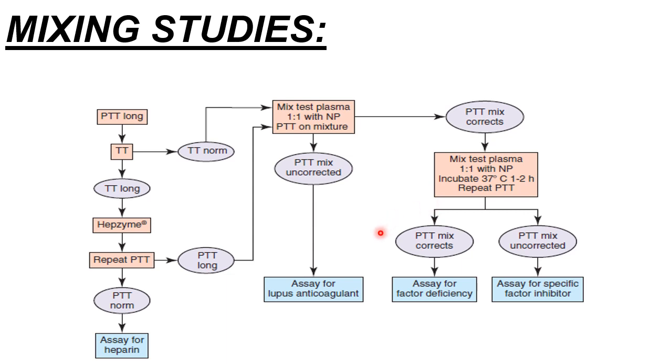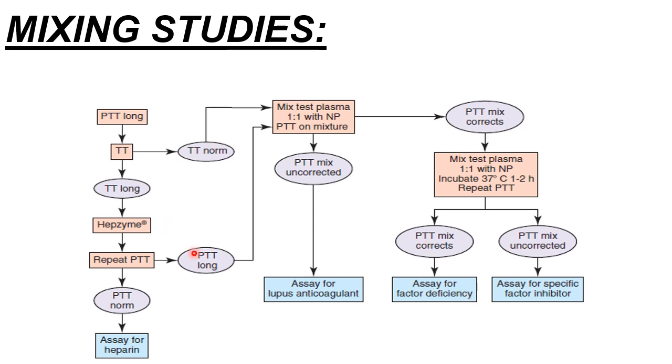Kapag corrected na or normal na yung PTT, baka clotting factor deficiency. Okay? Next, kapag uncorrected pa rin yung PTT mo, baka merong specific factor inhibitor or anticoagulant or naka-anticoagulant therapy siya.